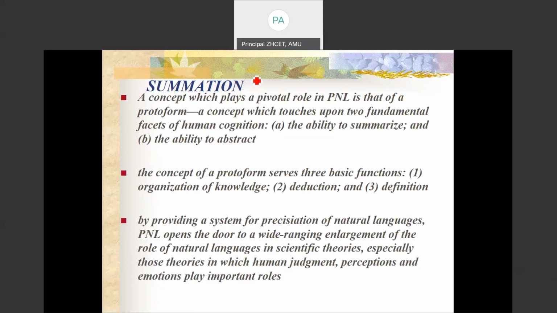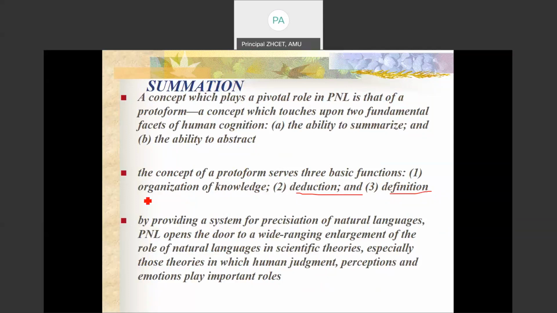If I can sum up, a concept which plays a pivotal role in PNL is that of a protoform, the five protoforms or the variations of them that I've seen. It touches upon two fundamental facets of human cognition: the ability to summarize and the ability to abstract. The concept of a protoform serves three basic functions: organization of knowledge, deduction, and definition.